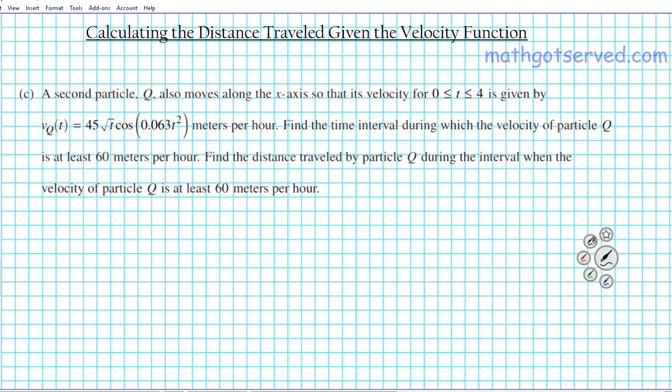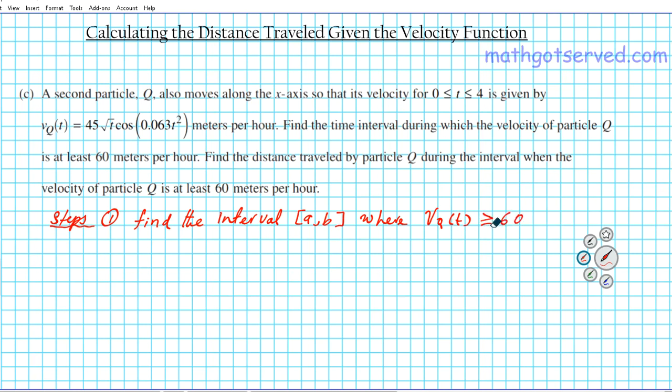Okay? Alright, so in this particular problem there are two parts to it. So let's break it down in steps. So first, the first step is we're going to find the interval, let's call it AB, where the velocity of particle Q, V sub Q of t, is greater than or equal to 60.